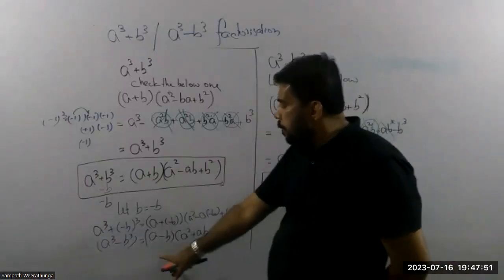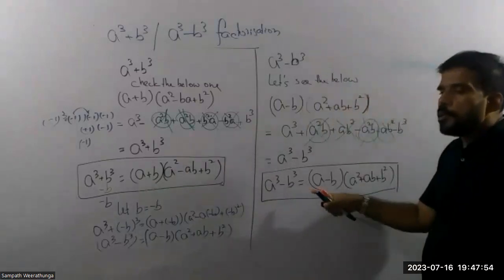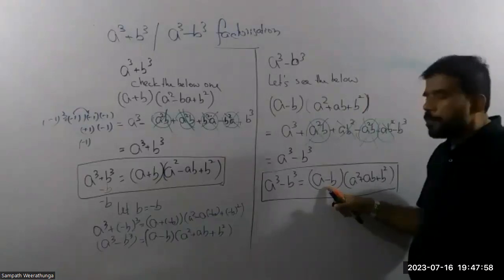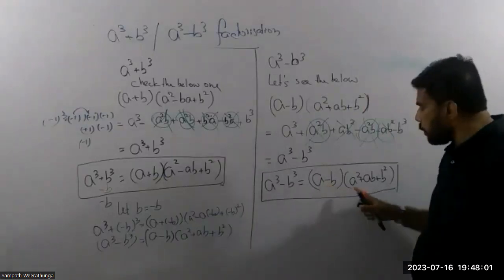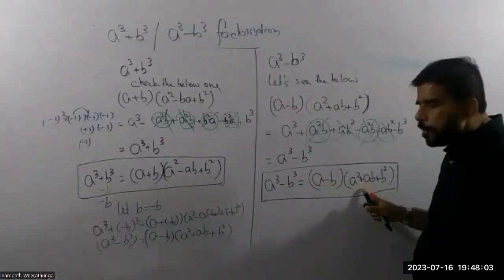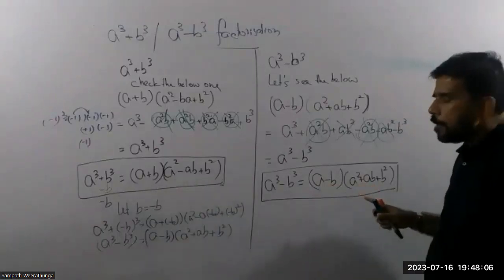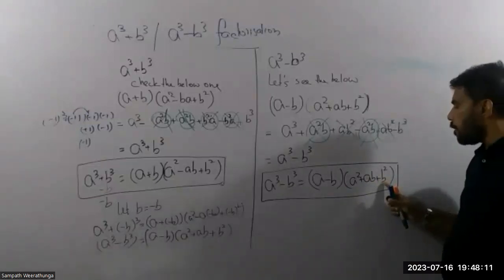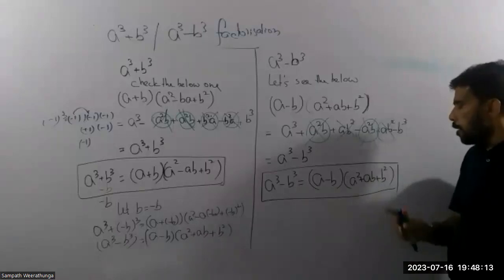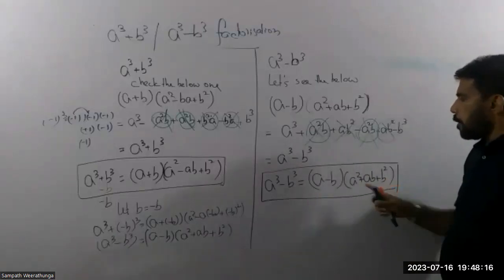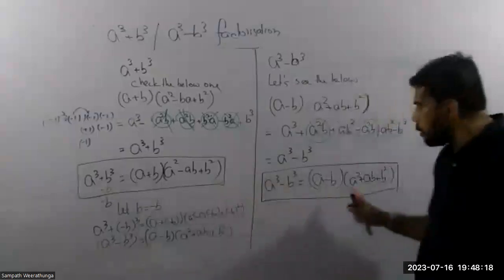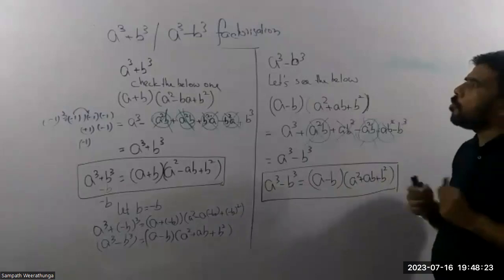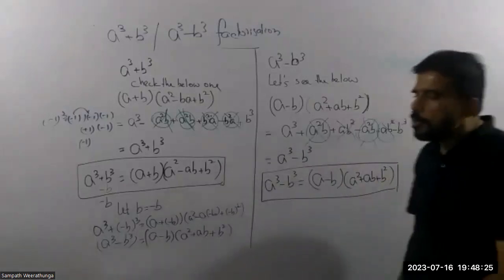But since here in a minus b the first term is a minus b, we have to change the sign at the center. Here it is positive, here it is positive, and here it is negative. Here it is negative, and here it is positive. That is the logic behind cubic addition and subtraction.